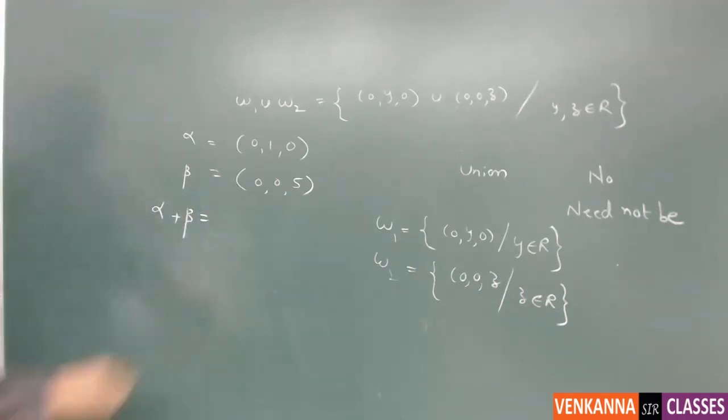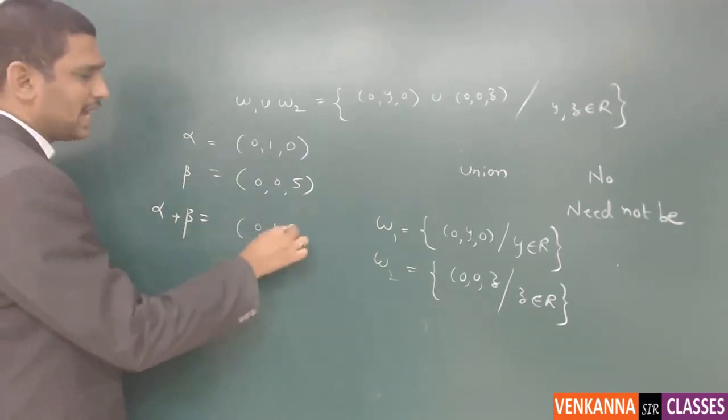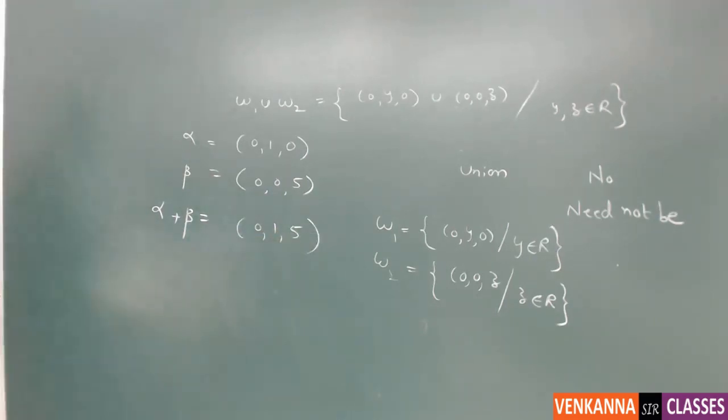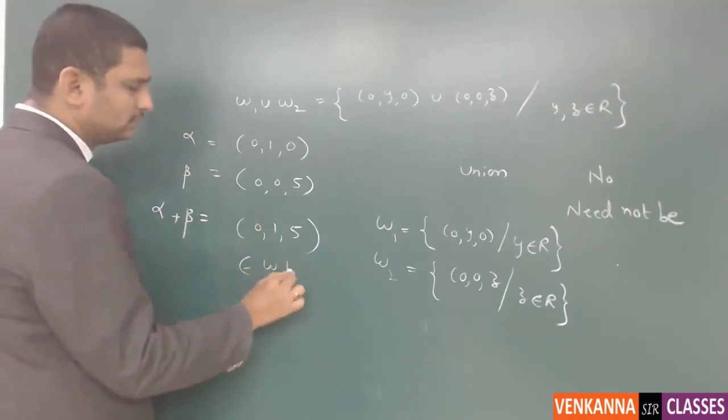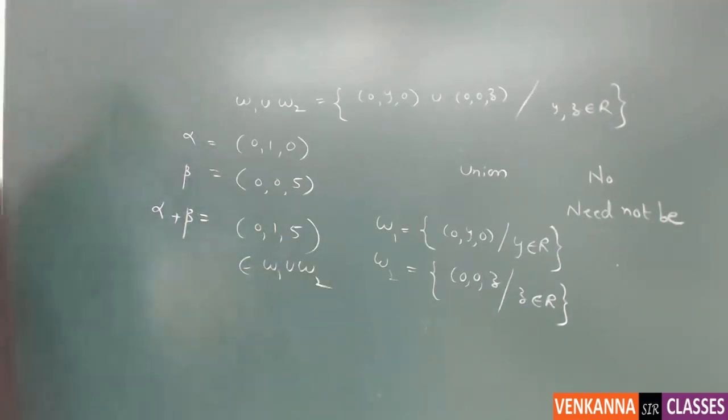If you add them up, you will get the point (0, 1, 5). So will it belong to the union? Yes or no? Is it right or wrong? All of you agree? Yes.